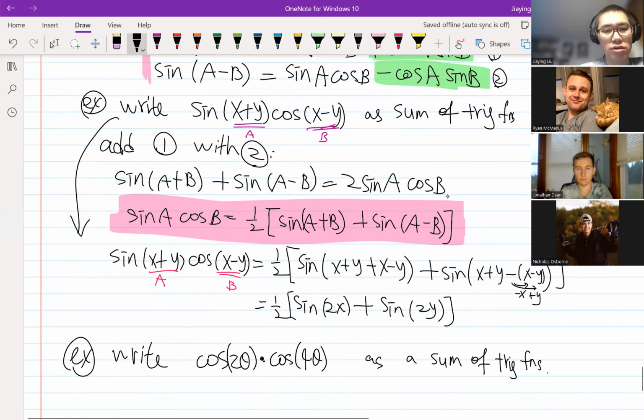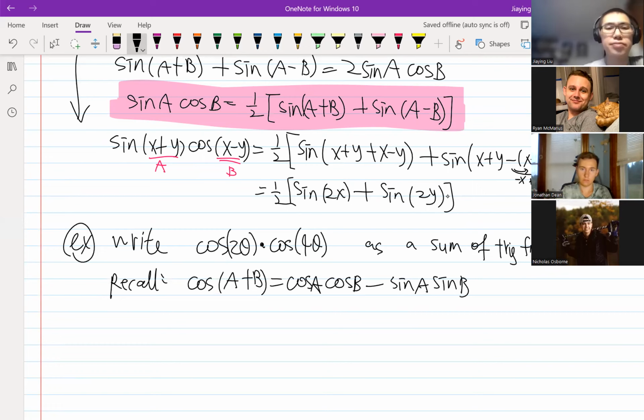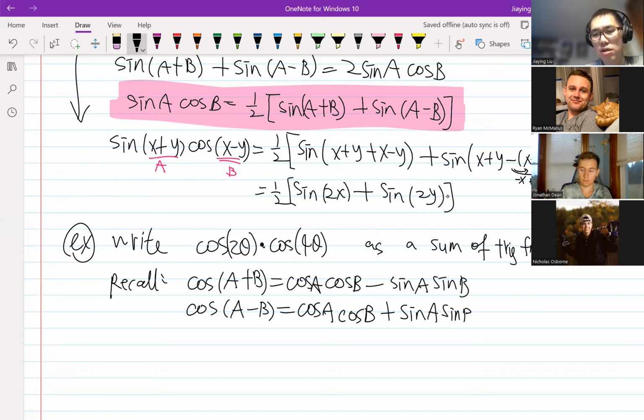So recall, we had cosine A plus B equals cosine A cosine B, just like the one we had above, minus sine A sine B. And cosine A minus B equals cosine A cosine B plus sine A sine B. So I'm going to call this equation 3 and equation 4.